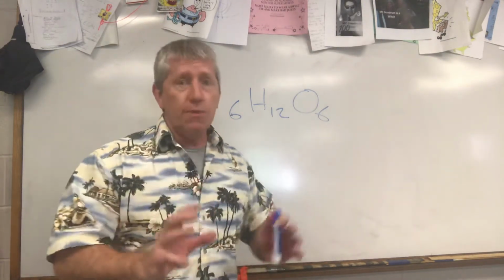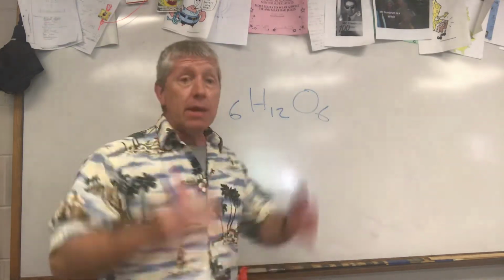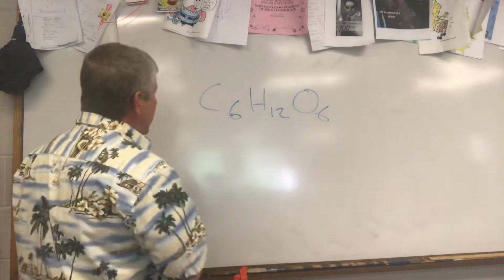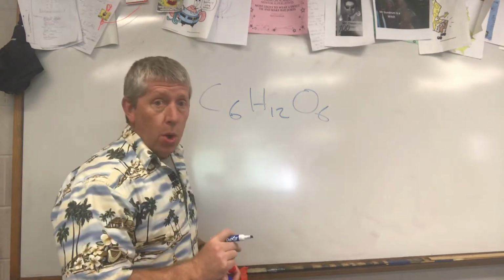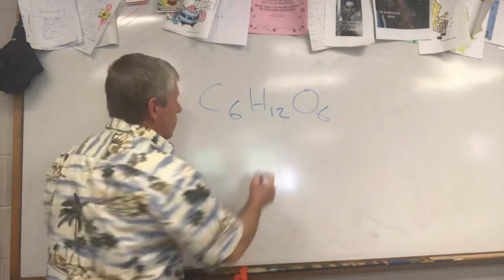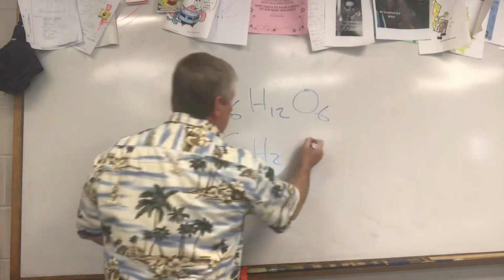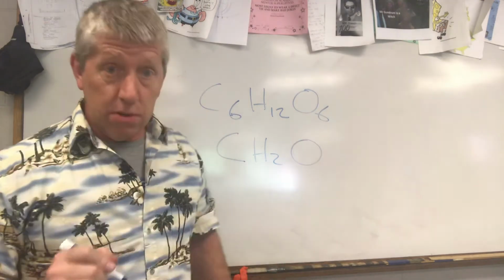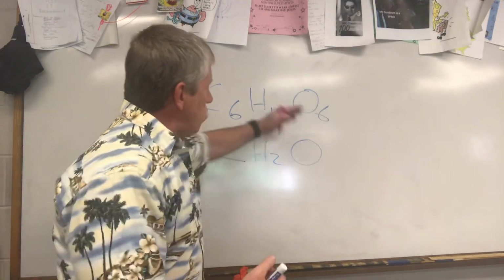An empirical formula shows the ratio of the elements in the compound in reduced form. So the ratio here is 6, 12, 6. That's a 1-to-2-to-1 ratio. For every 2 hydrogens, there is 1 carbon and 1 oxygen. That's the empirical formula. It shows the reduced ratio.